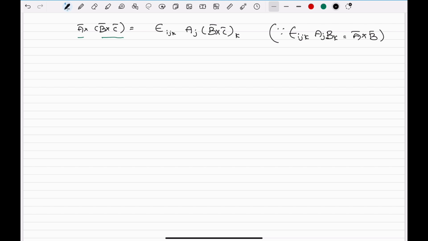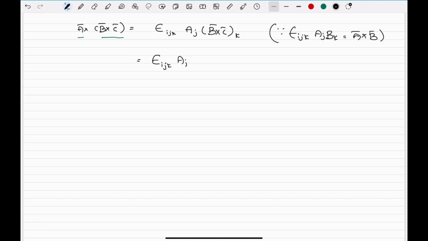From this definition we get this. Now, this is equal to epsilon ijk aj.